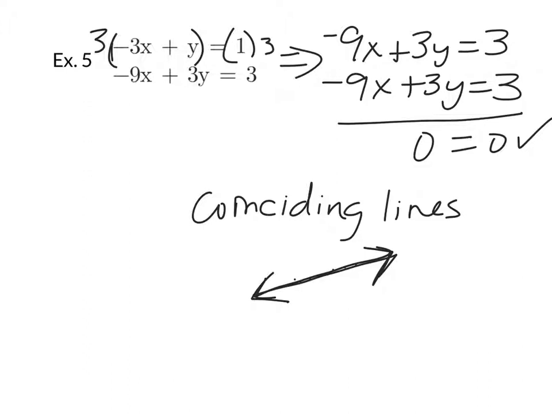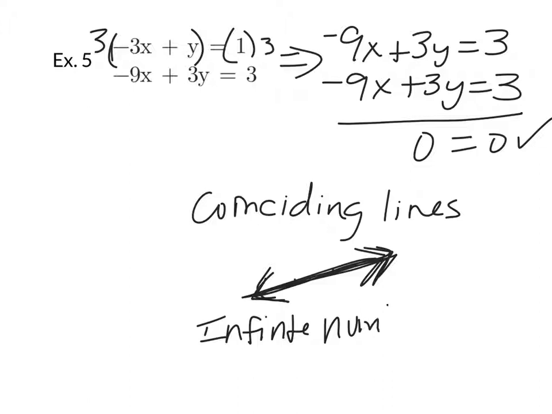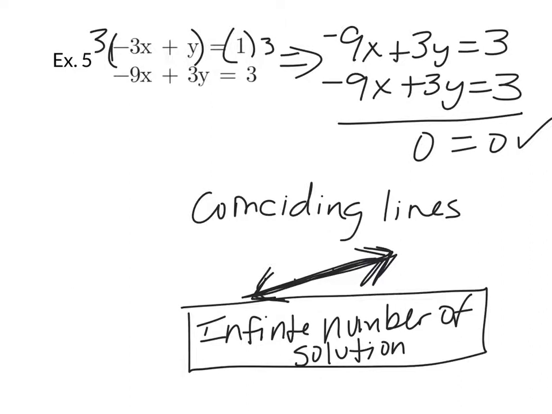So in other words, we have an infinite number of solutions. So at this point, if your variables drop out and you end up with a true statement, you can stop right there and say, and I want you to write it like this, an infinite number of solutions. In other words, there's an infinite number of ordered pairs whose coordinates would satisfy both equations at the same time.